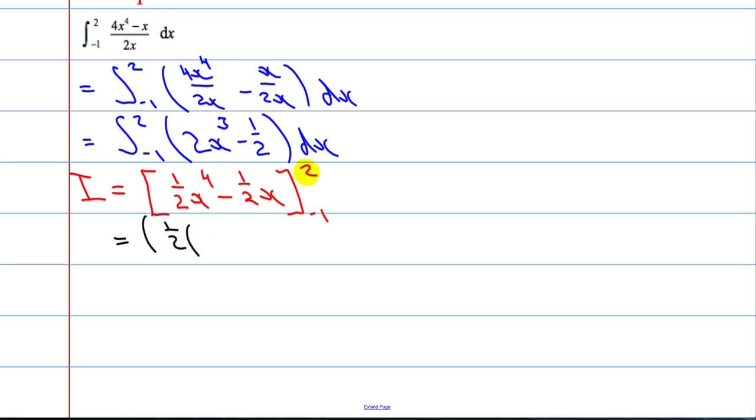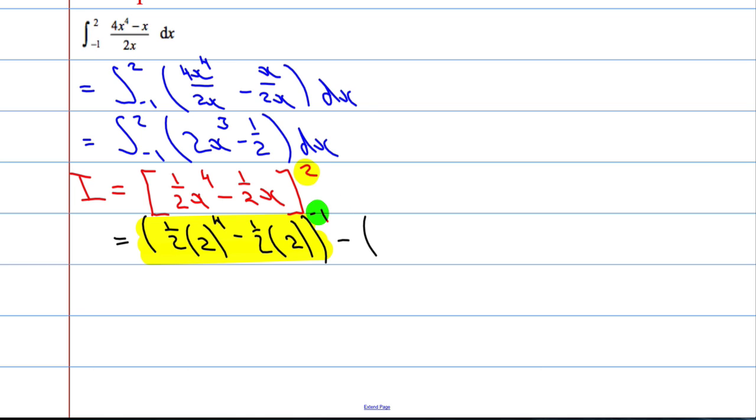So we do 1/2 times 2 to the power 4 minus 1/2 times 2, and close off those brackets. We're going to take away the lower bound evaluated. So we put the upper bound in, which is this part. Now you'll see the reason why I put this bracket up here in a moment, why it's useful.